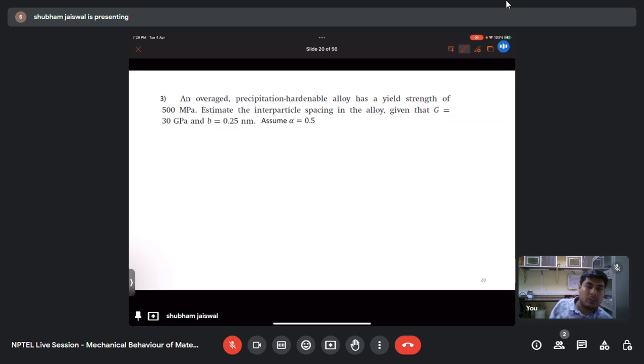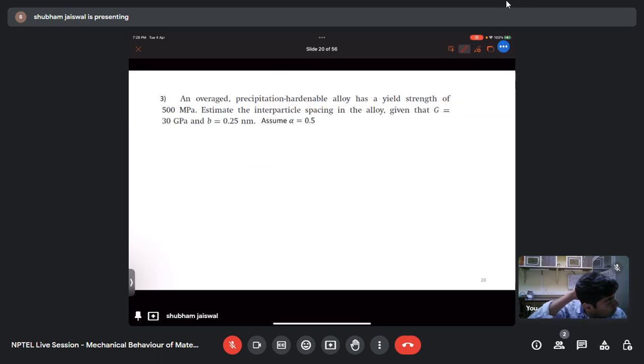So the next question is like this: an overaged precipitation hardenable alloy has a yield strength of 500 megapascal. Estimate the interparticle spacing in the alloy, given that G is equal to 30 gigapascal and Burgers vector is 0.25 nanometer.